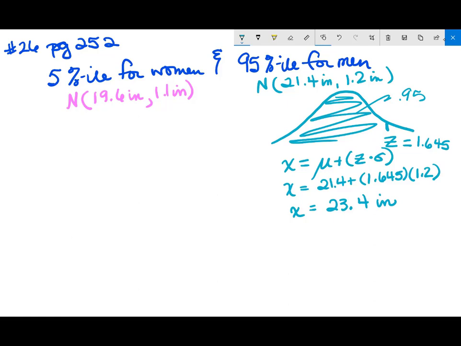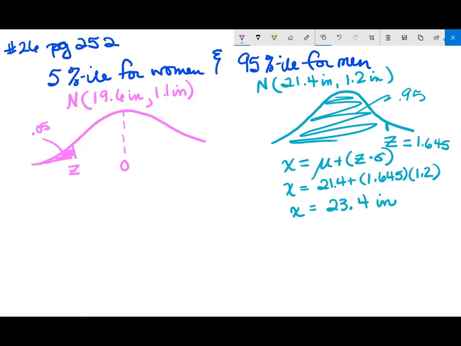Okay, now let's do this for the women. But this time we want to know the 5th percentile. So we want to know the z-score down here where there's only 5% below that. Since the mean is 0, we know this is going to be a negative z-score.